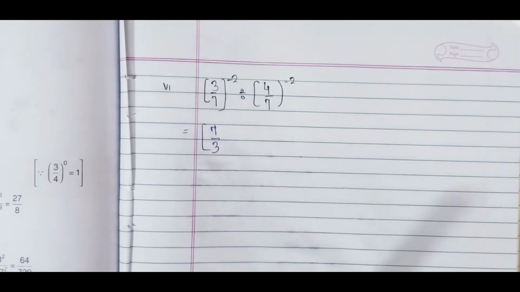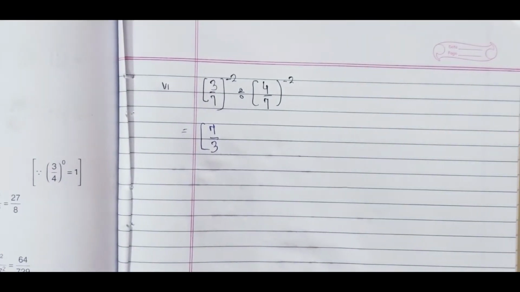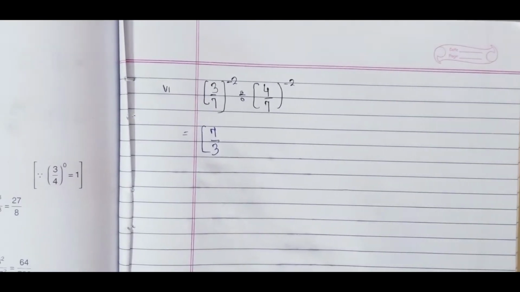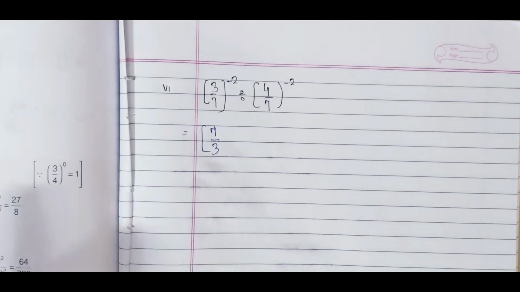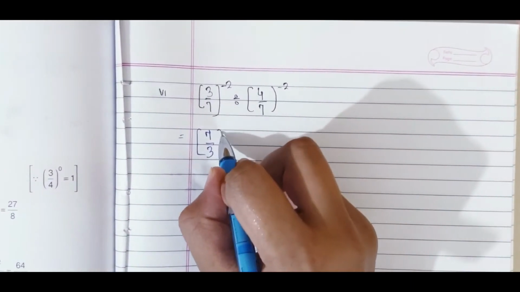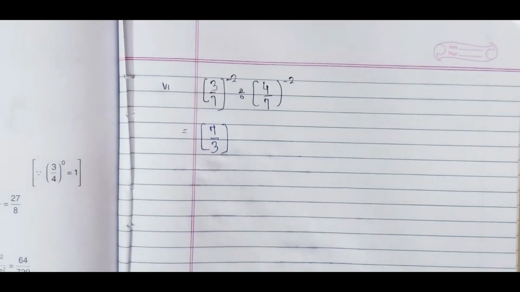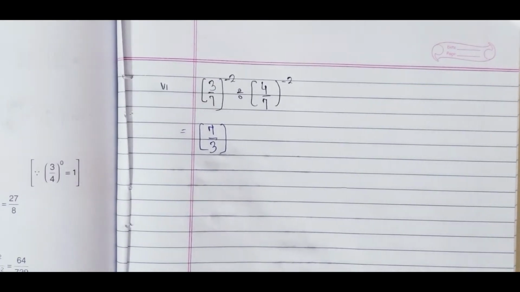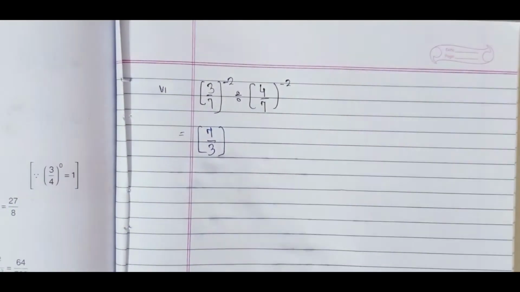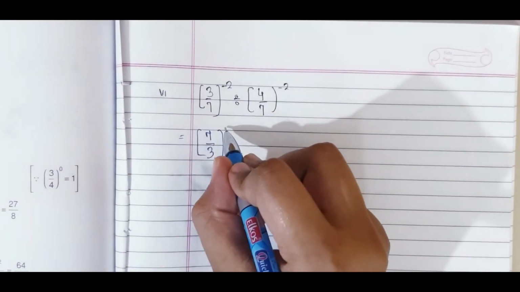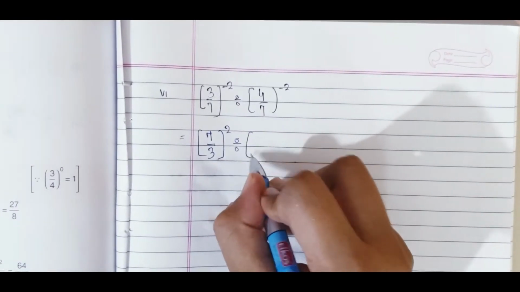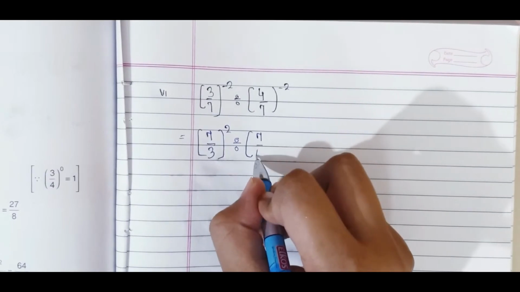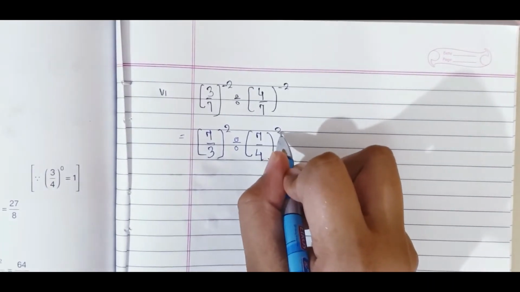And guys, if you have not seen our worksheet 2 video, then you will face some problems in doing this reciprocal, because reciprocal is much easy, but once you have to see how to do it perfectly. The link is in the description, you can check it out. Divided by, 4 by 7 reciprocal is 7 by 4 to the power square.